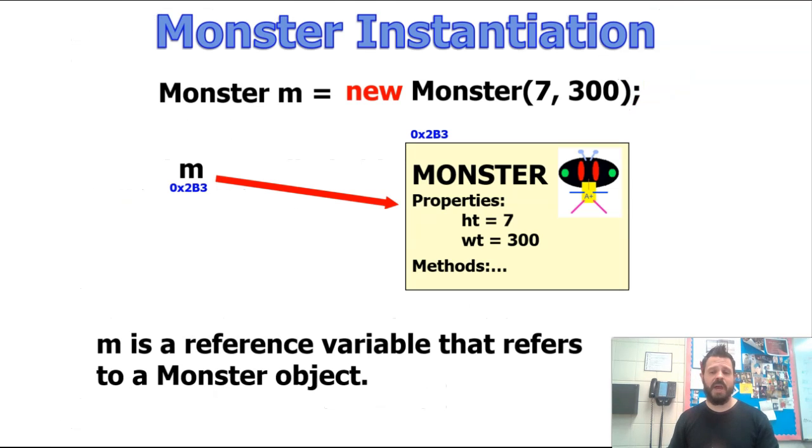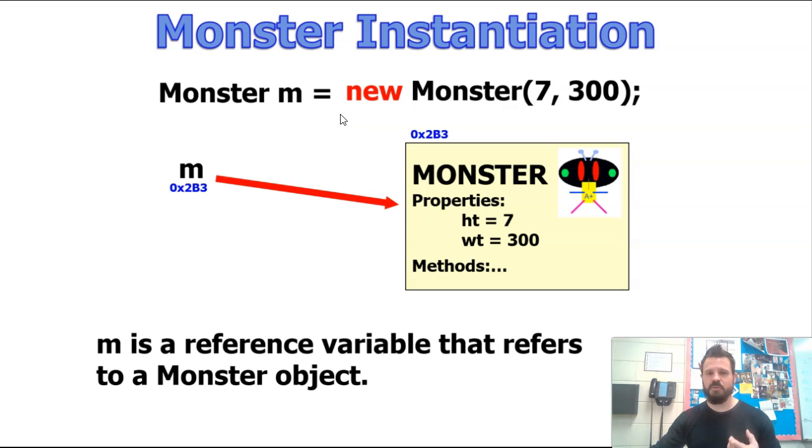So next, let's just remind you real quick of what happens when we actually create a monster object. When I run the code monster m equals new monster 7, 300, what that does is it tells Java to create space in memory for a monster reference called m, which will be stored here.